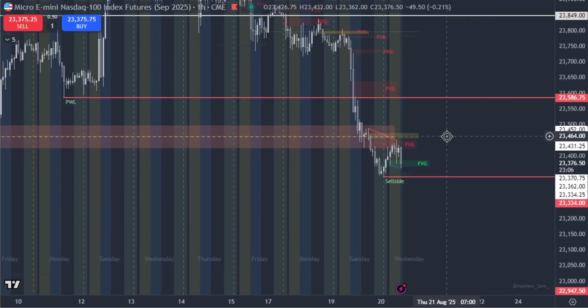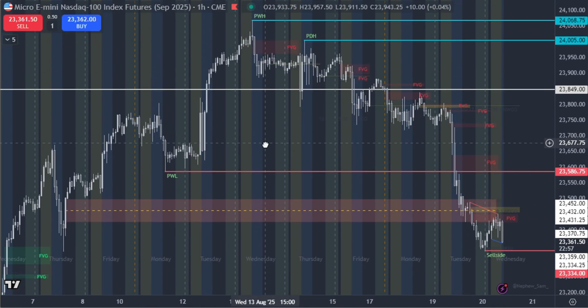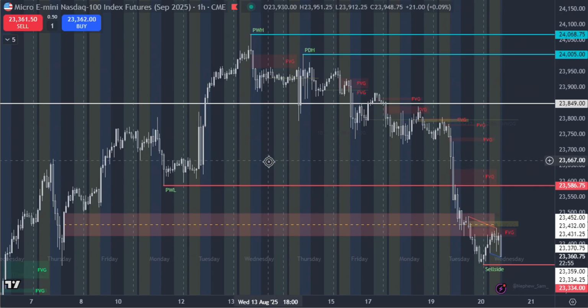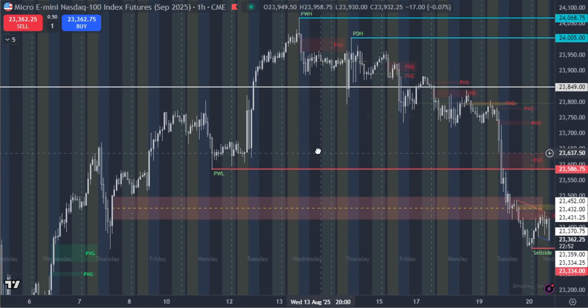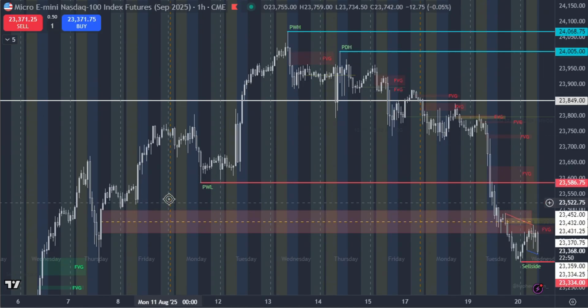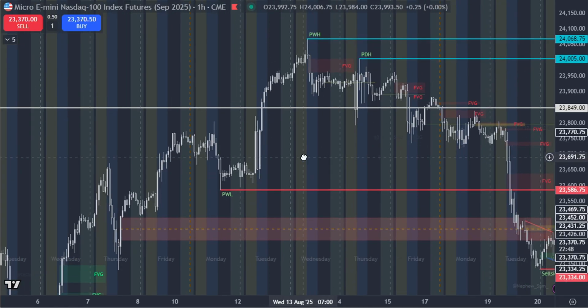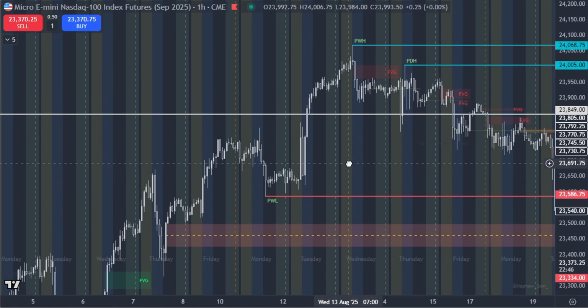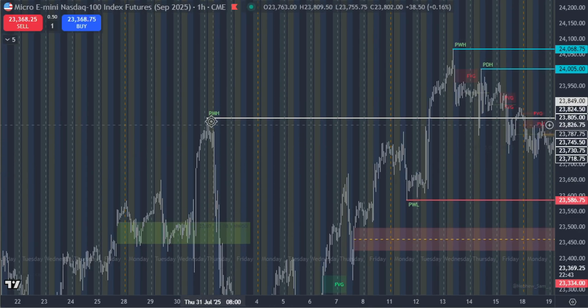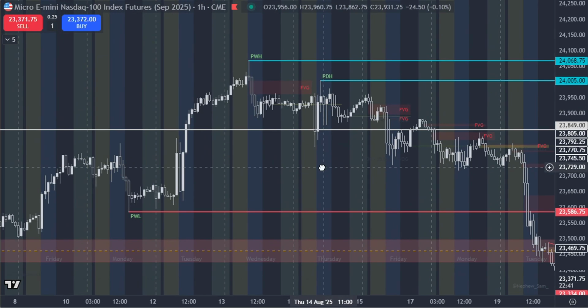But while we wait, because it's only 9:37 at the moment, let's go over mitigation blocks and inverse fair value gaps. So we look at the left side, right? We take previous month's high. We disrespect.